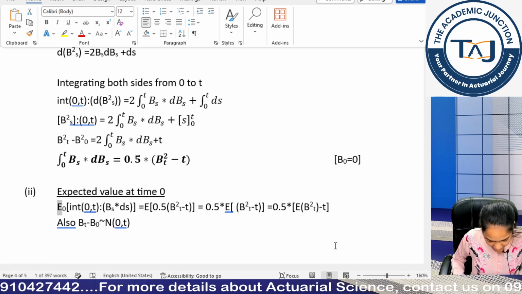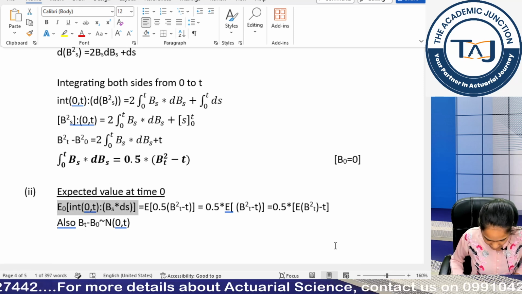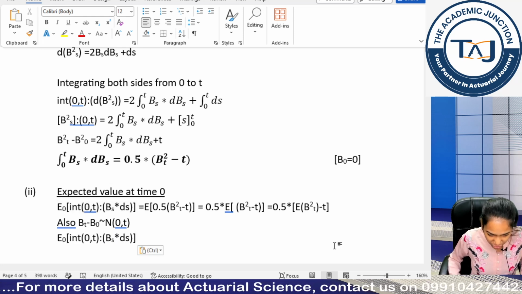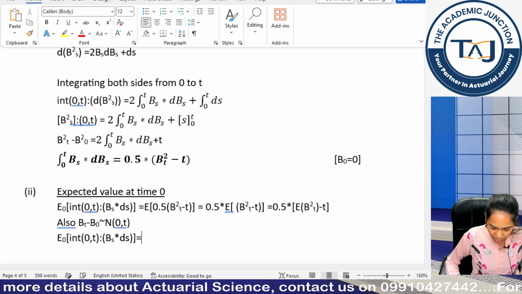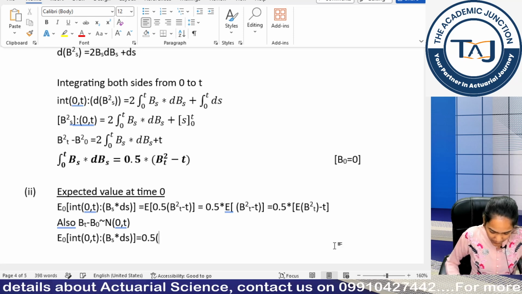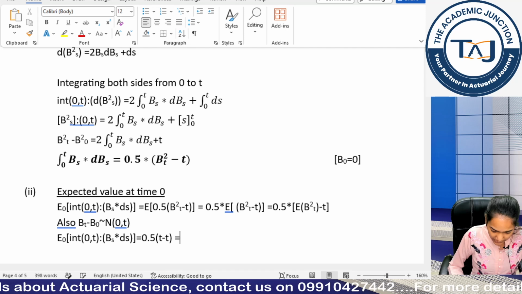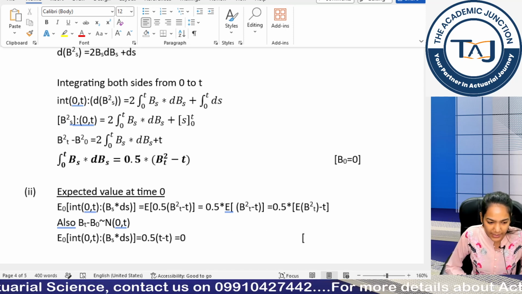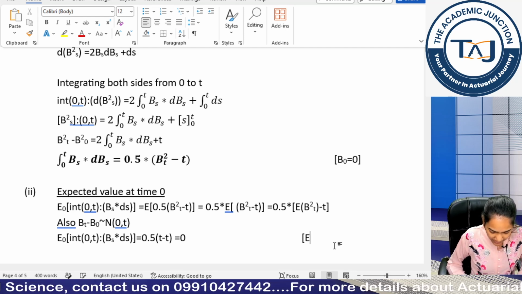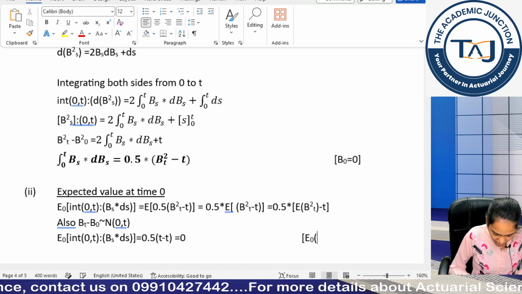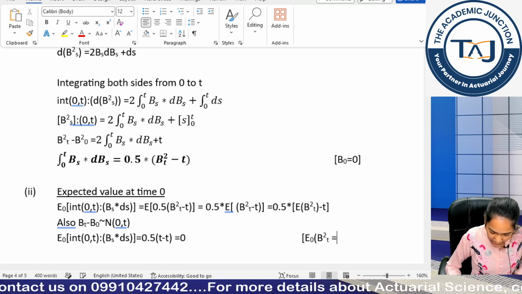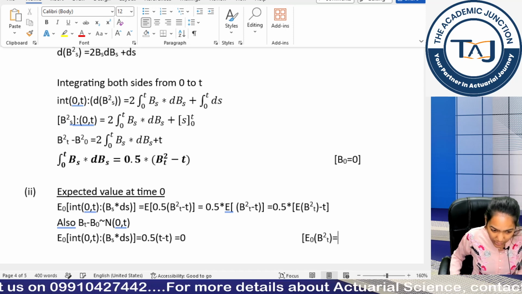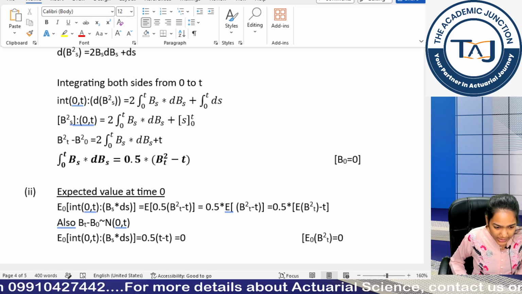I just copy paste it because the left hand side is not going to change, and this is going to be equal to 0.5 times t minus t, basically 0. What is the reason behind it? I will have to write the reason because basically it is an expectation, right? So I will write expectation at time 0 of b square t is equal to 0, right?